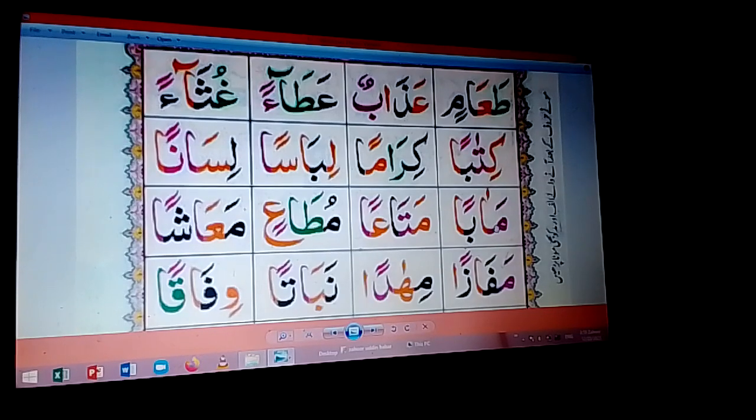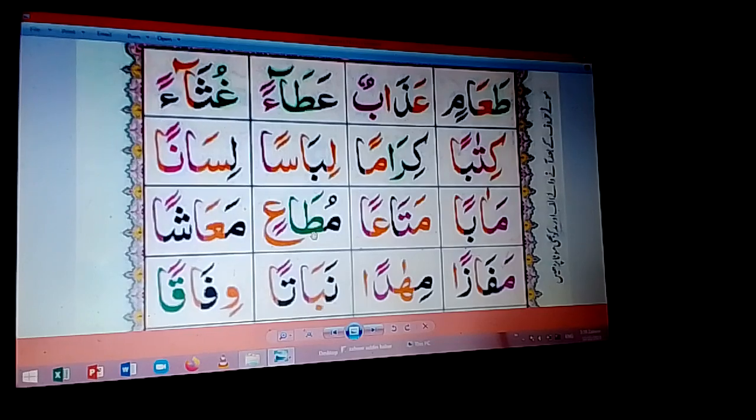But our main focus in this box is prolonging alif. That's why standing fatha is here. Ma'aban. And the next is mata'an. Next is mutu'in. And next is ma'ashan.